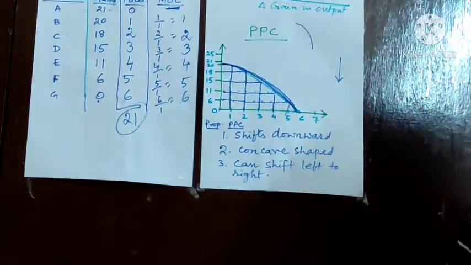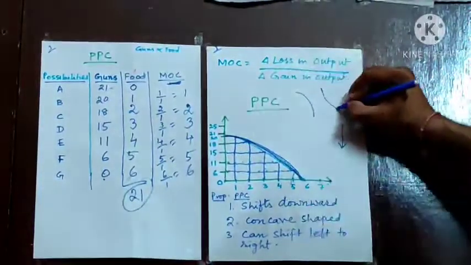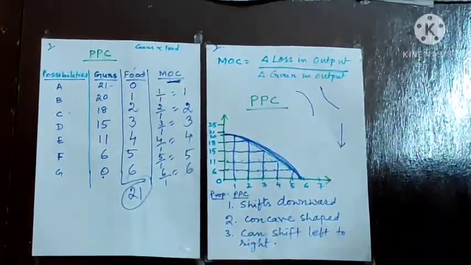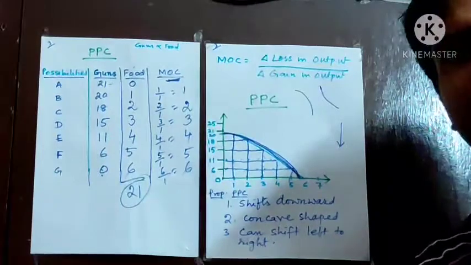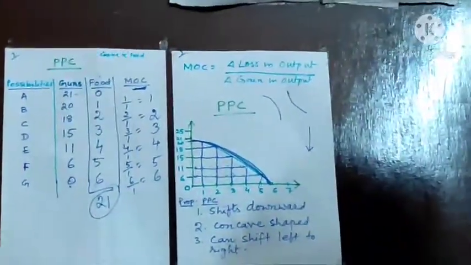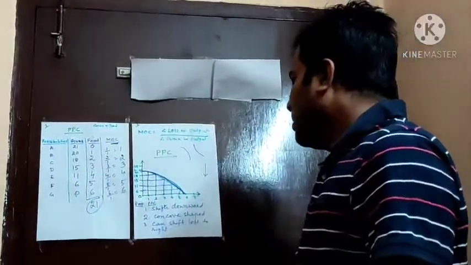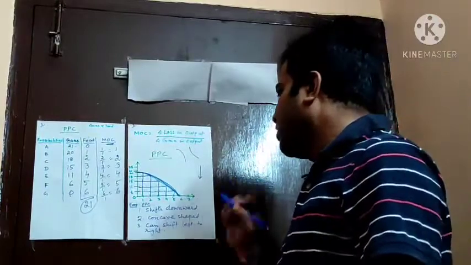In science you might have studied concave and convex. When it is higher shifting, it will be like this. Okay. Now, first, the property: it shifts downward.